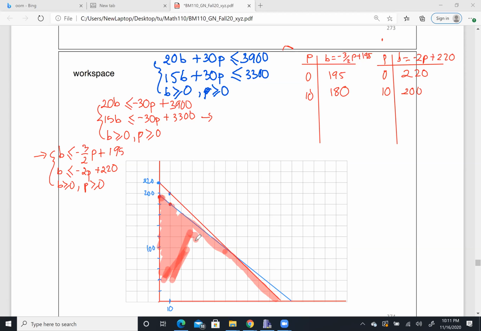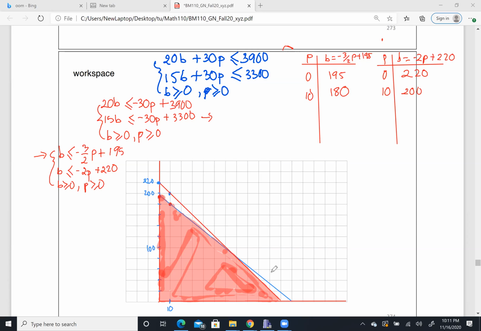Okay. And make sure, because we just take P and B greater than 0, then we don't want to take the part under the X and Y axis.